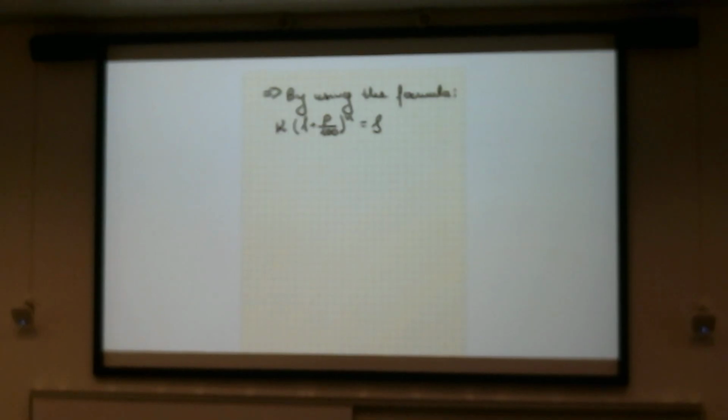So by using the formula, we can do something like this. K times (1 plus P over 100) to the power of N. And let's say I want this to be equal to S, and S is my target savings.